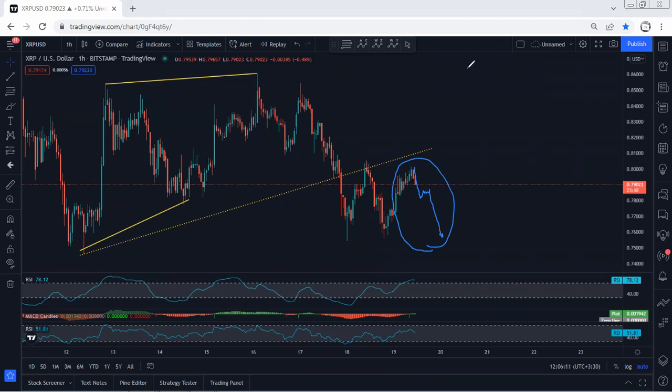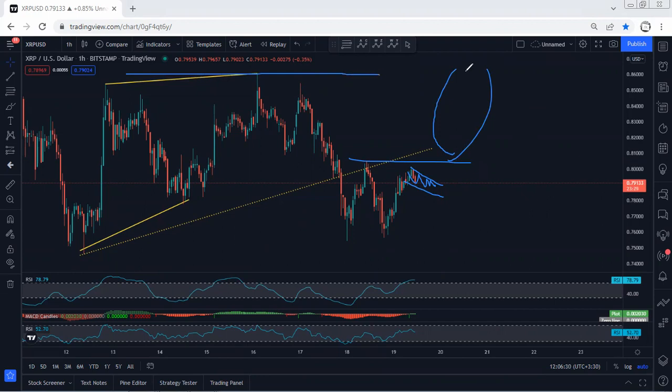For me, I'm not really interested in this sell. Either I wait for the next drop with the breakout of the previous low, then from there I will look for a buy, or if this one turns into a deeper correction, we see any opportunity for a buy with the breakout of the previous top as a short term. Then from there, we want to see whether the price can break the previous top and continue or not.